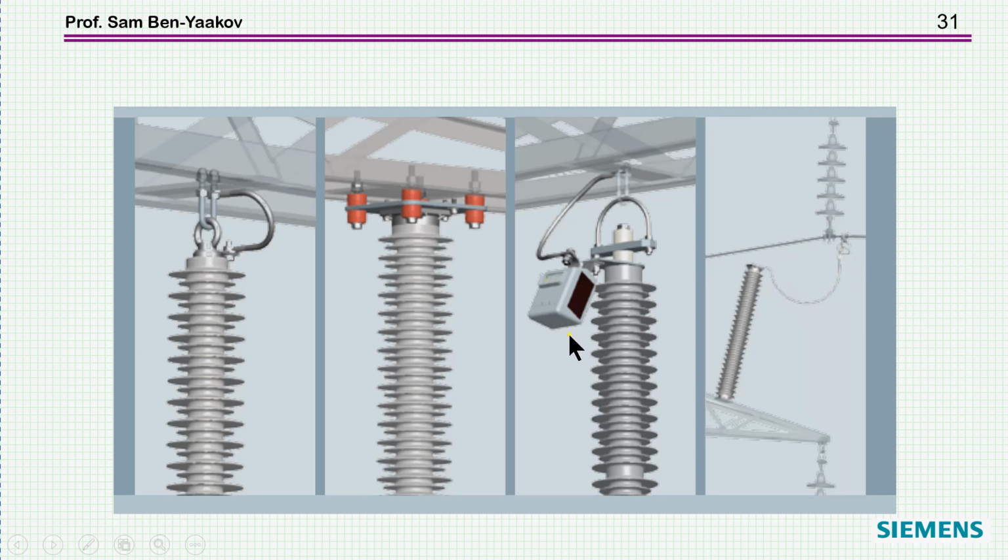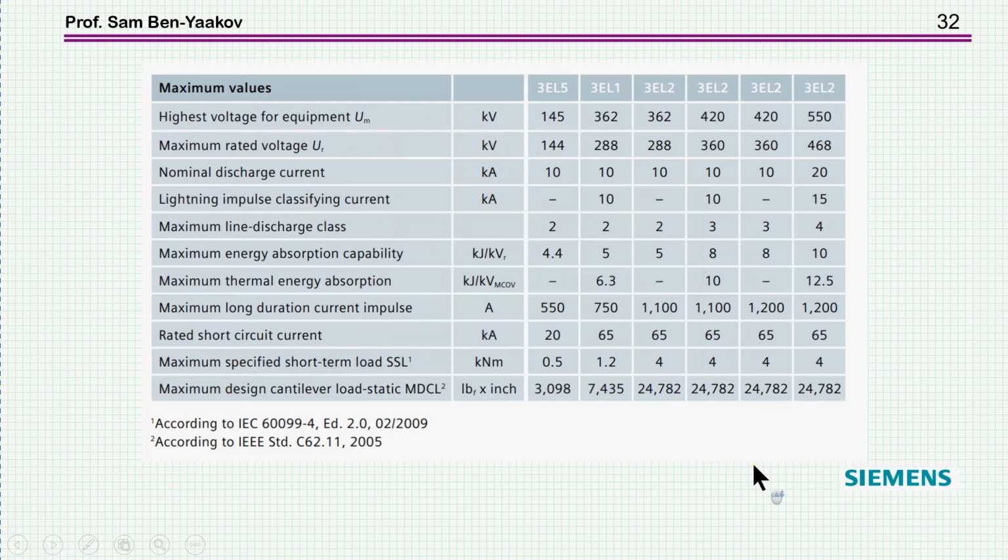And here they're showing actually a monitoring system. I guess it's for temperature detection and changes in the case of a degradation, severe degradation, then obviously the unit has to be changed. And here is a table. I'm not going into all the detail, but it's just to say we are talking about now protection of 145, say in this unit, to 550 kilovolts.